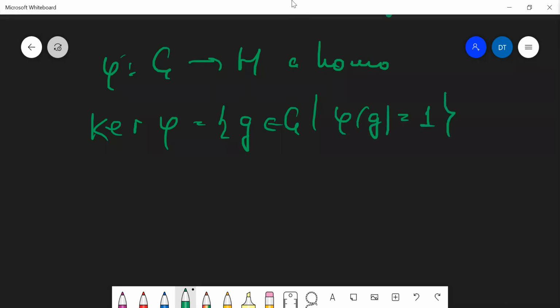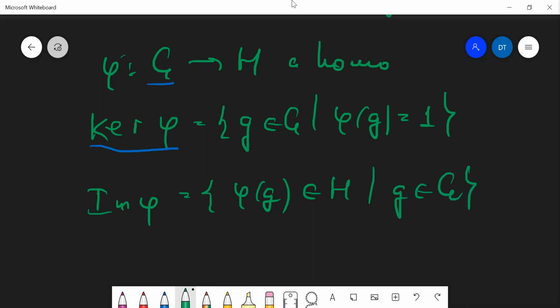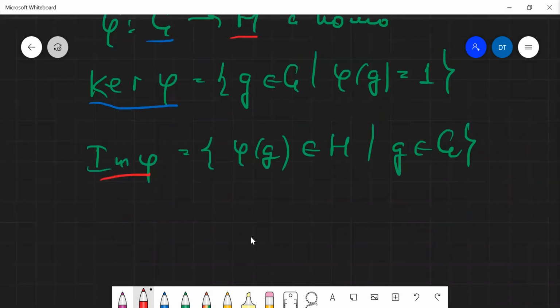So all these elements from G capital go into the neutral element in H. This is a subset in G, but it will be a subgroup. Well, we will prove that this is a subgroup. And the second thing is the image of phi, which is the set of all elements of the form phi of g inside H, for all g small in G capital. And this is a subset in H. So these are the definitions.